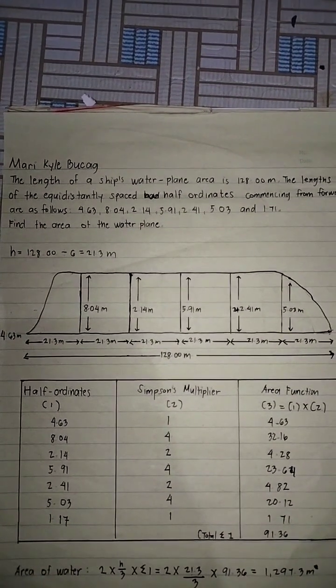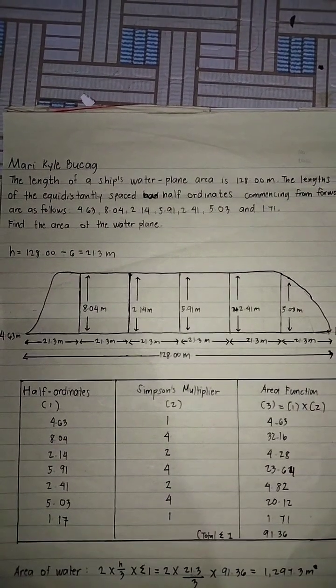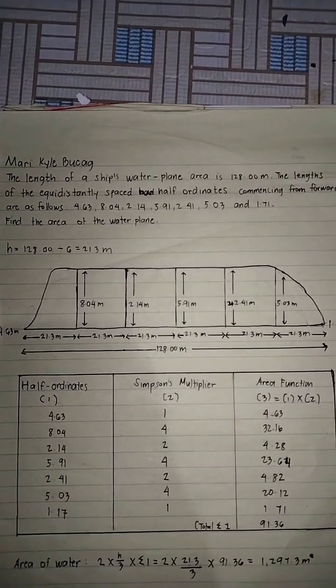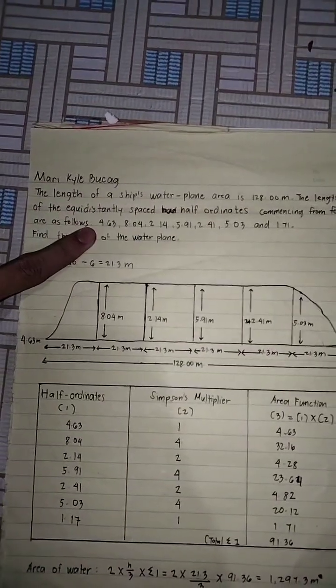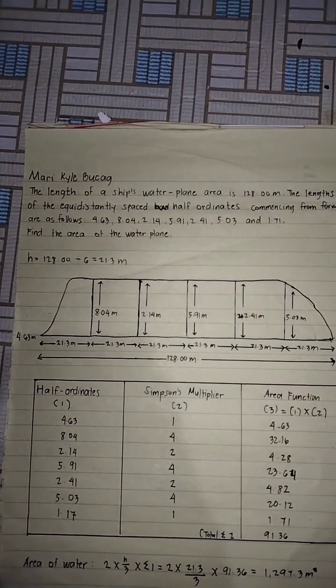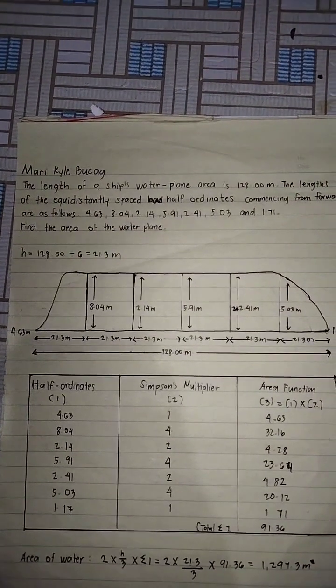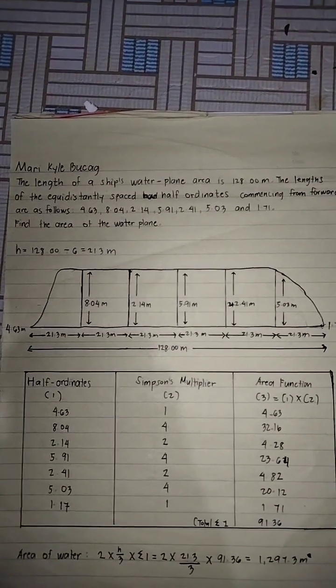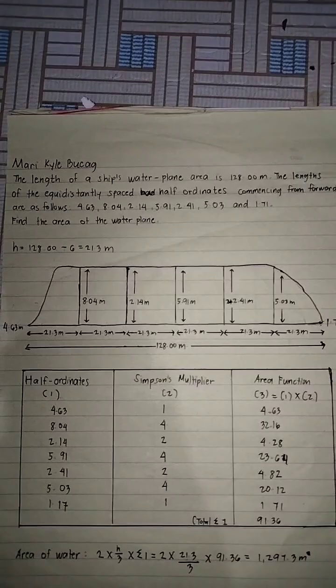The lengths of the equidistantly spaced half ordinates commencing from forward are as follows: 4.63, 8.04, 2.14, 5.91, 2.41, 5.03, and 1.71. Find the area of the water plane.